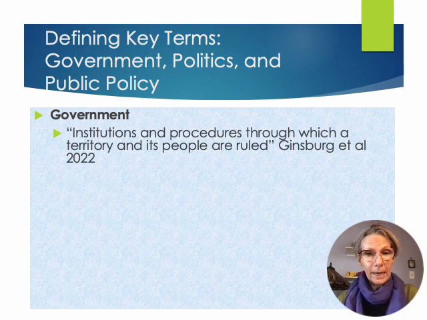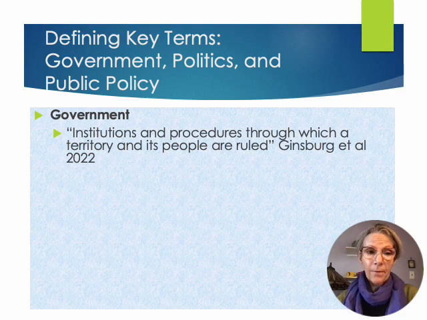What I like about this definition is that it's really broad, right? A territory can be very big, like the United States or Russia. It could be very small, like a Native American tribe. And so government can be really expansive and large with lots of different institutions, but it can also be pretty simple and govern over a small group of people.